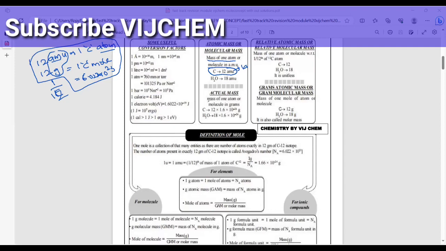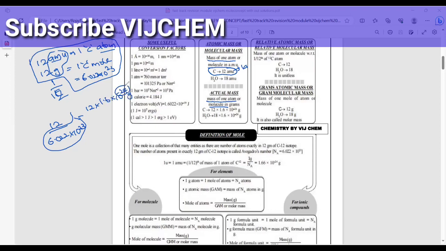Then actual mass: the mass of one atom or one molecule in grams. If I want to find out for one atom, then what I told you, that is 12 divided by 6.022 into 10 to the power of 23. If I divide, I will get 2 into 10 to the power of minus 23 grams, or 12 into 1.6 into 10 to the power of minus 24.